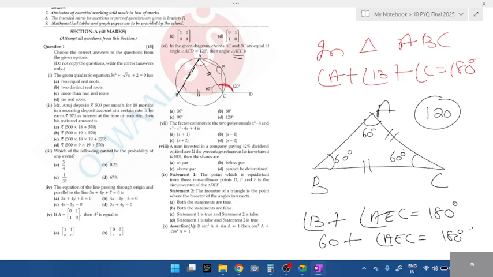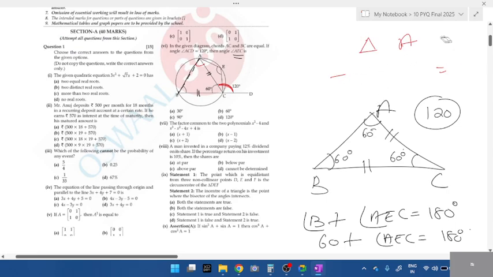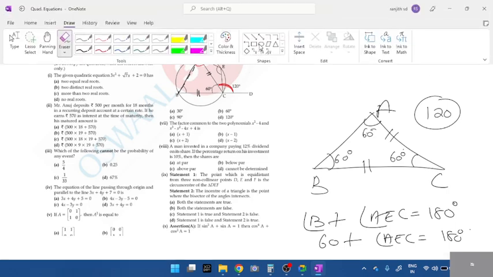Yes, 120. Option D is the answer. Cyclic quadrilateral concept. Is it clear? All of you understood? It's a cyclic quadrilateral, so even that 120 wasn't required, students. Just to confuse us, they have given it.